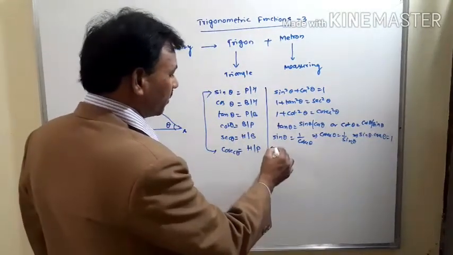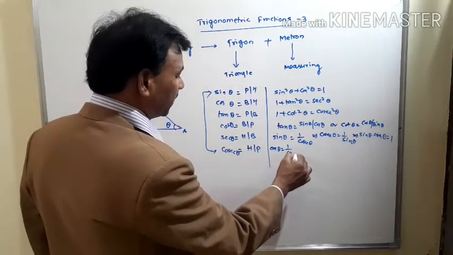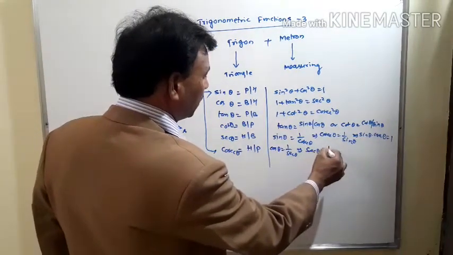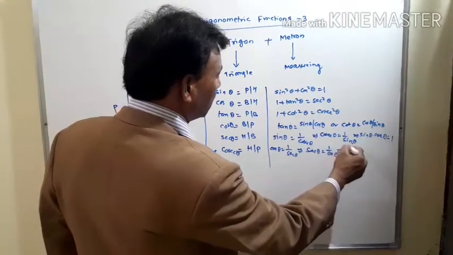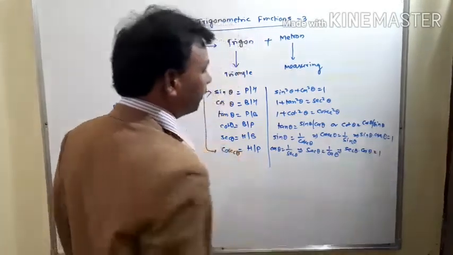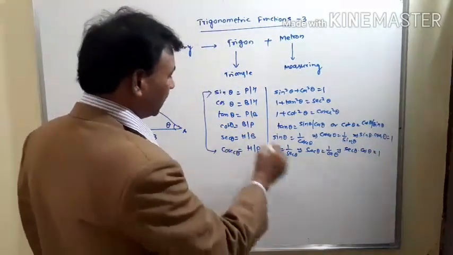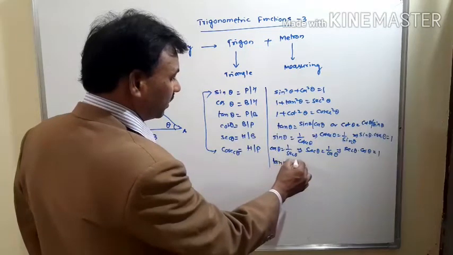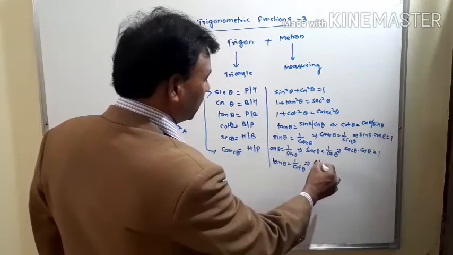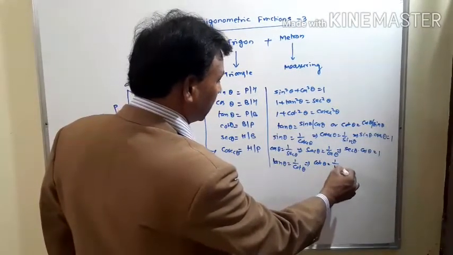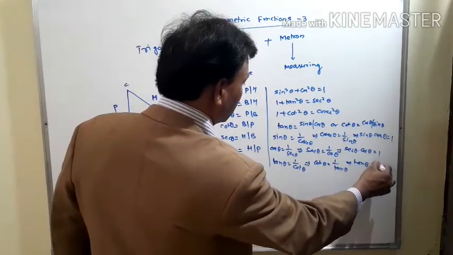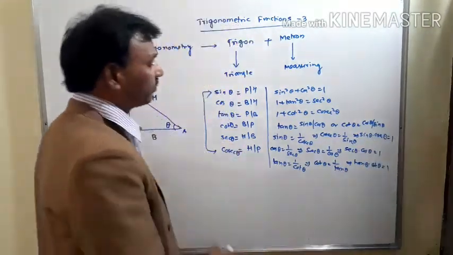Similarly, cos theta equals 1 upon sec theta, or sec theta equals 1 upon cos theta, or sec theta into cos theta equals 1. In the same way, tan theta equals 1 upon cot theta, or cot theta equals 1 upon tan theta, or tan theta into cot theta equals 1.